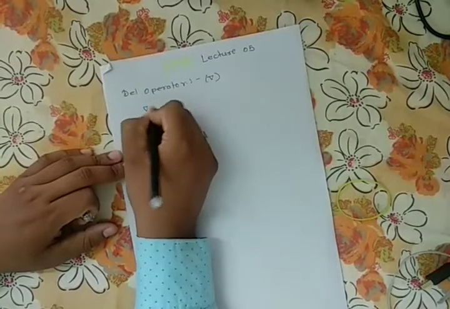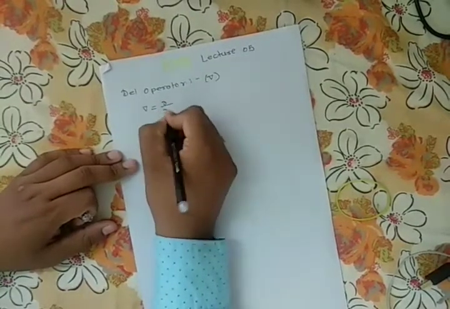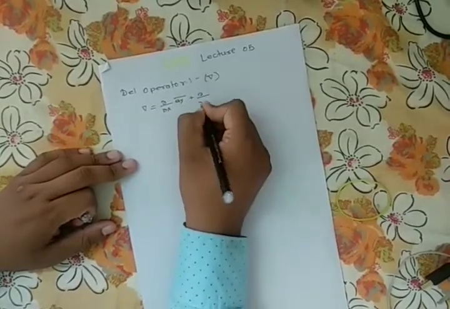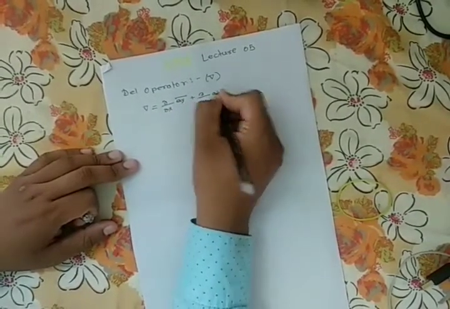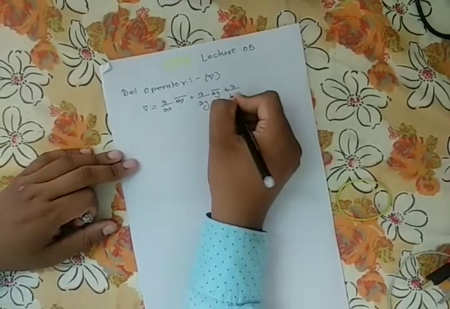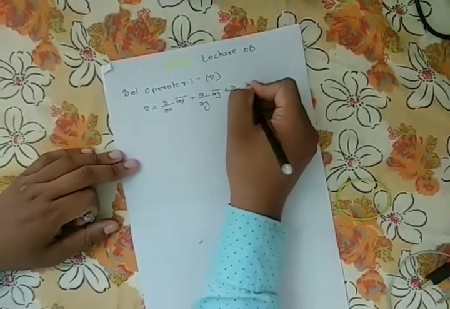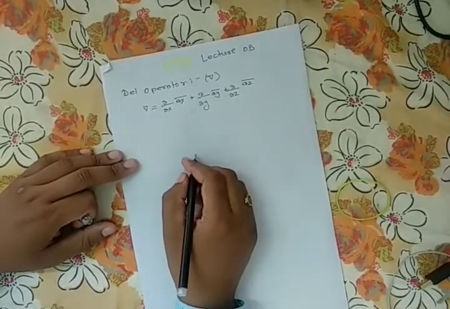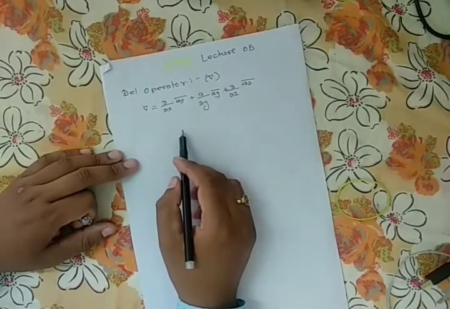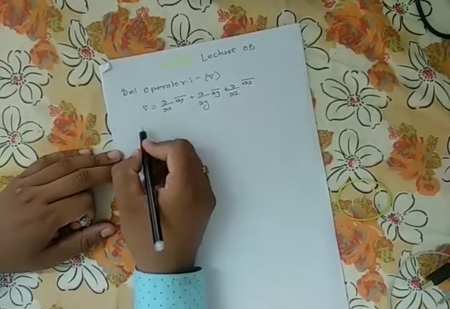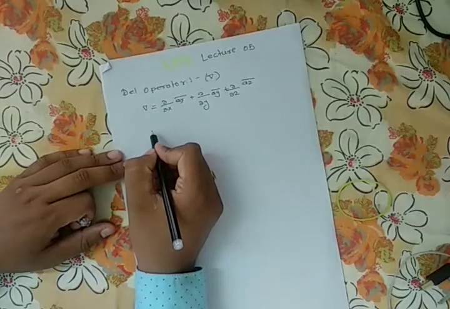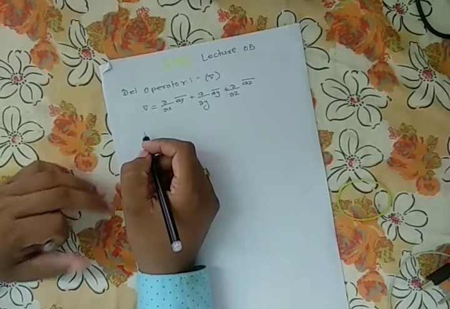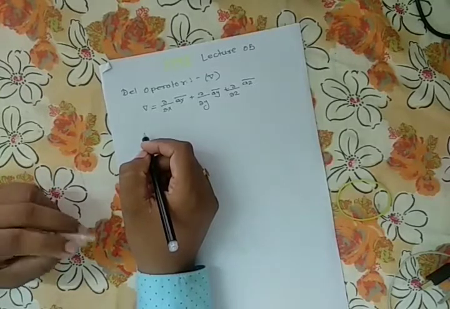So del is given by del by del x, ax bar, plus del by del y, ay bar, plus del by del z, az bar. So that way we can explain this del operator. Del can operate on a scalar as well as a vector.